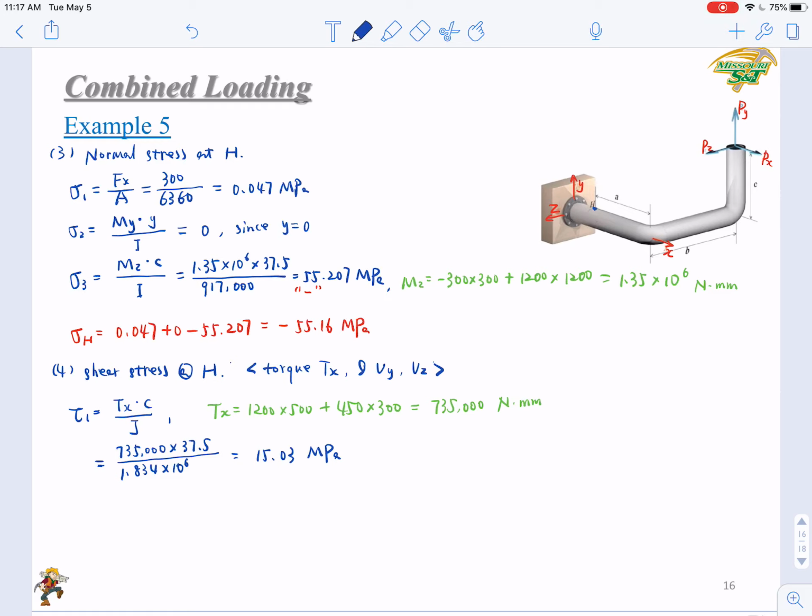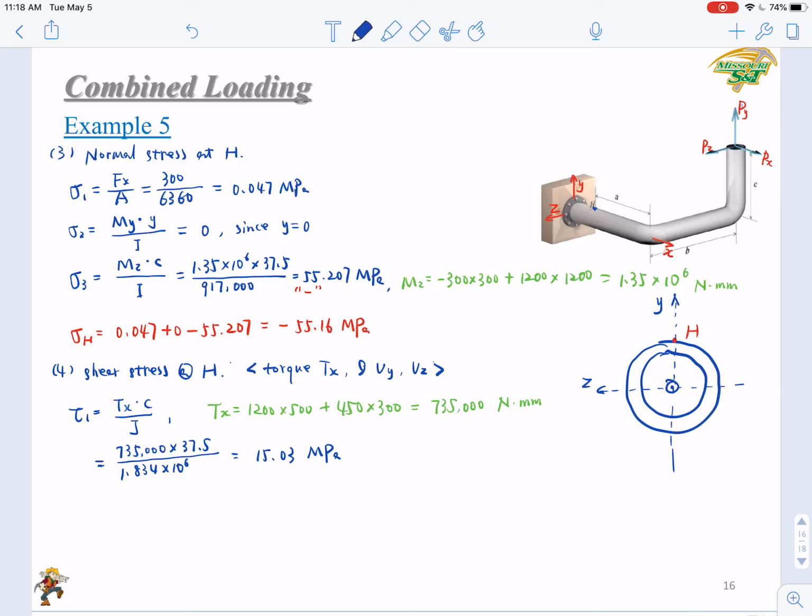Okay, we need to draw this cross section again. Let's draw it here. This is the cross section, and your point H is here. And this is the Y direction, and this is your Z direction. Okay. So the X direction is here, pointing out. Use your right hand rule.